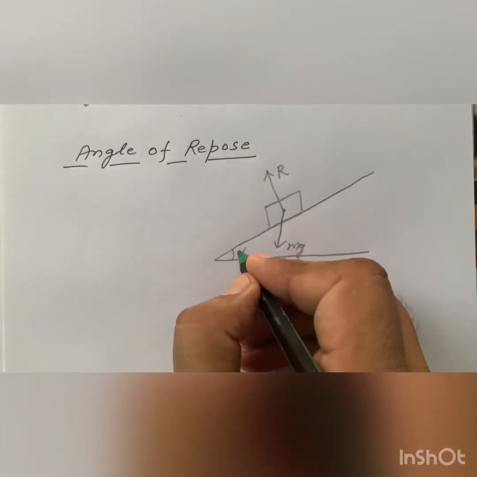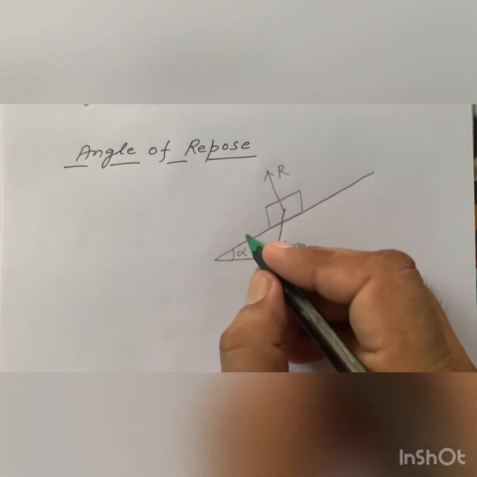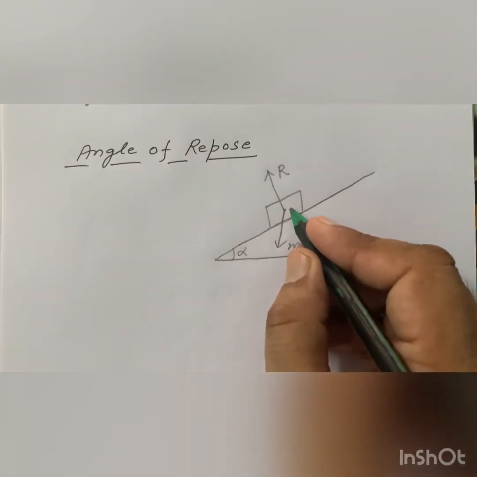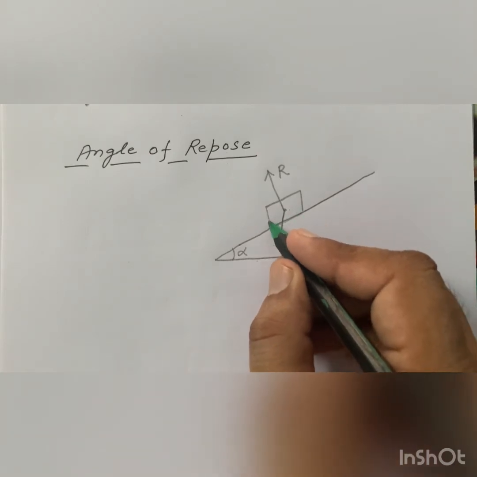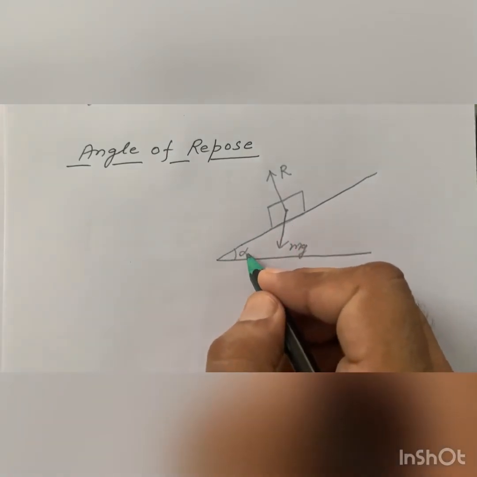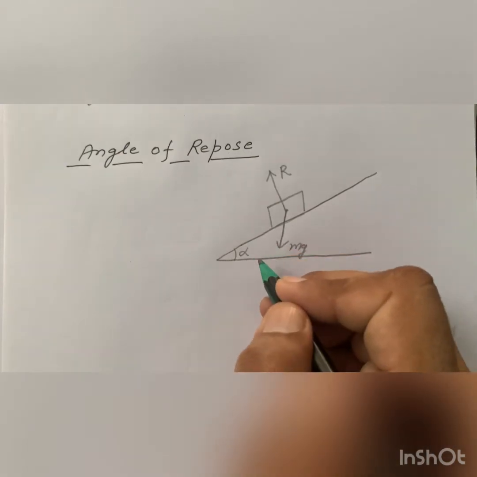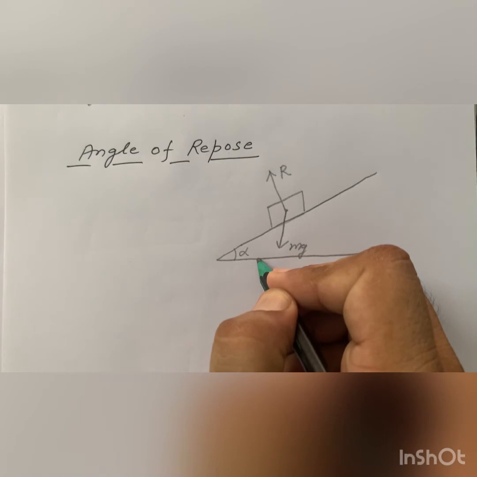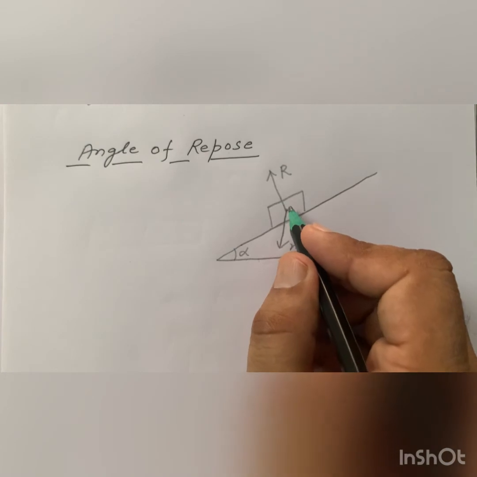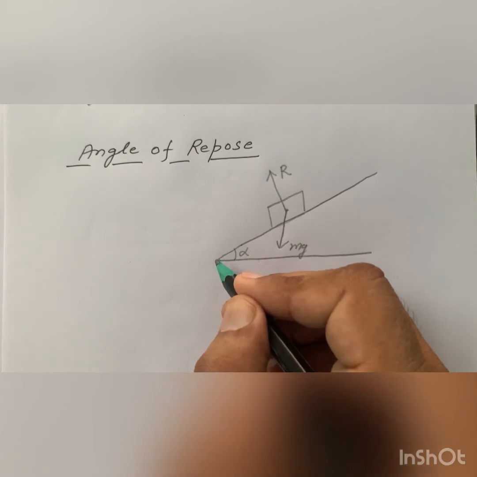Let alpha be the angle made by the inclined plane with the horizontal surface such that the body is just at the verge of sliding down. Here the angle of repose is the minimum angle made by the inclined plane with the horizontal surface such that the body lying on the inclined plane is just at the verge of sliding down along the inclined plane.